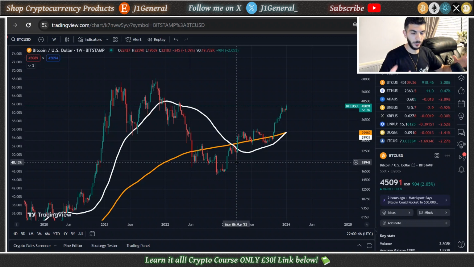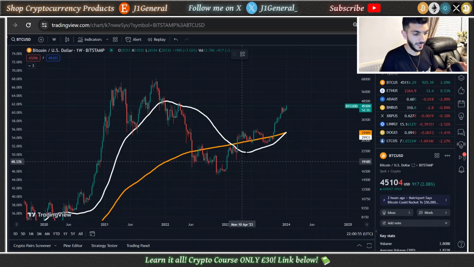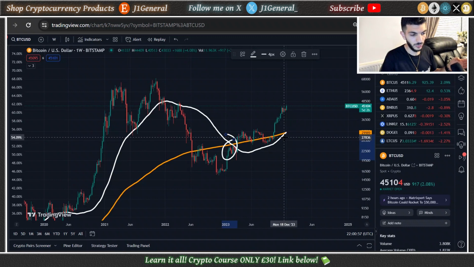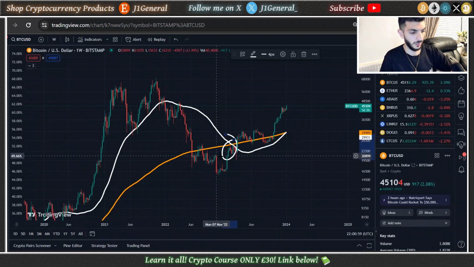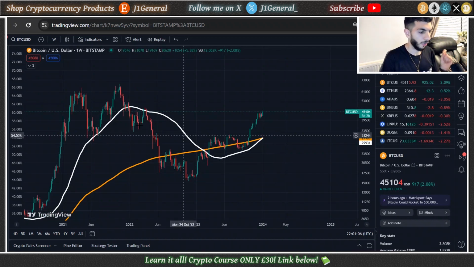Despite what people say with regards to the narratives, because we all know that is when somewhat of a small banking crisis happened back then, you can see that they do act as resistance lines and they do also act as support lines. If we take a look at where both averages are, they're currently just shy of 30,000.